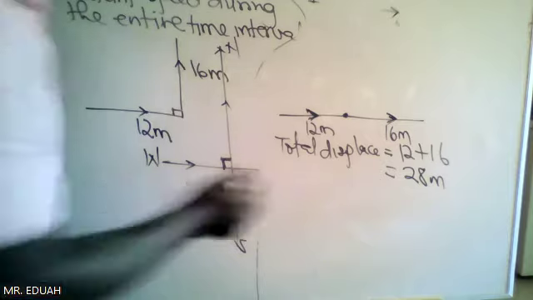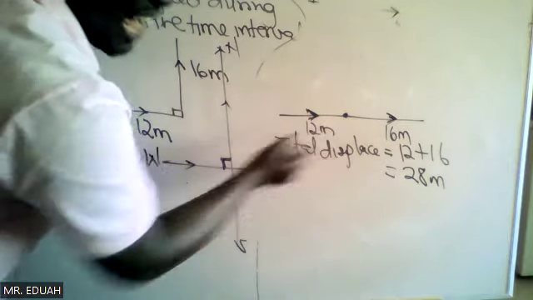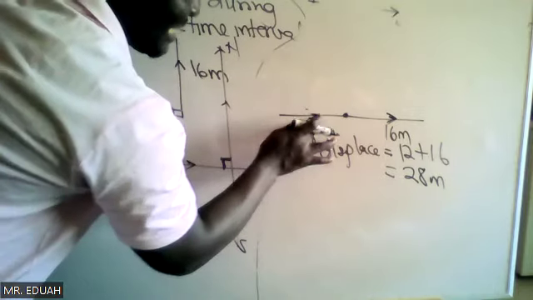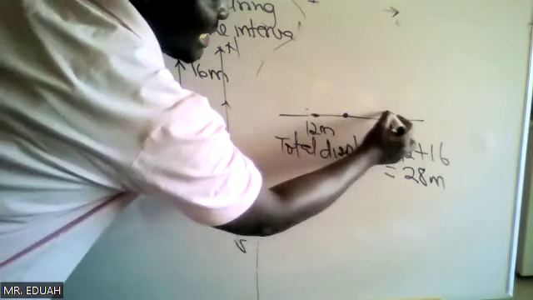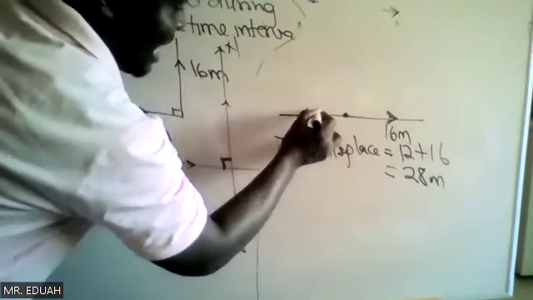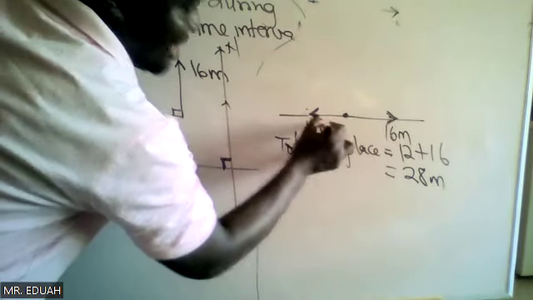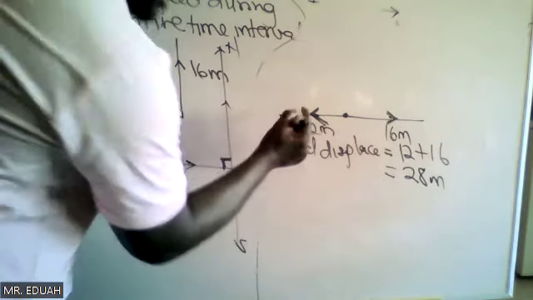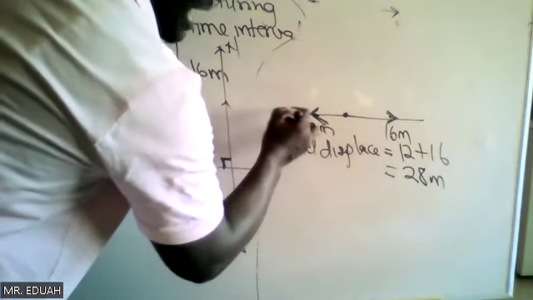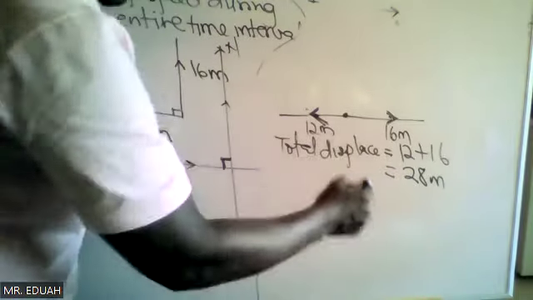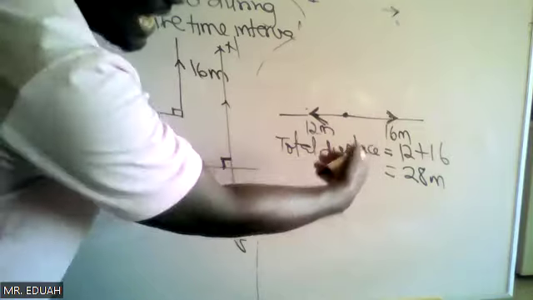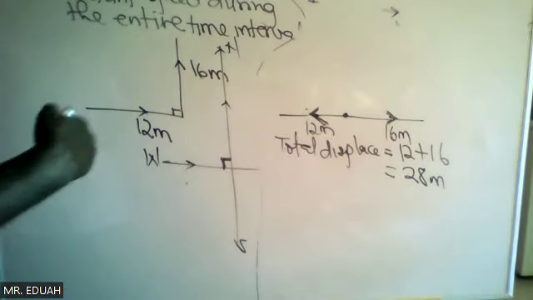Second, if the two displacements are along the same plane, but one displacement is to the right and the other is to the left. In this particular situation, yes, the displacement is along the horizontal plane, but one is due east and the other is due west.